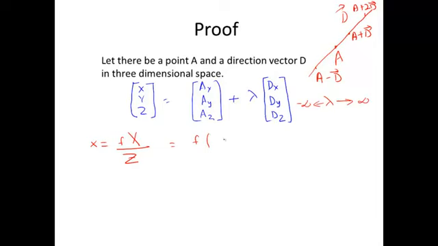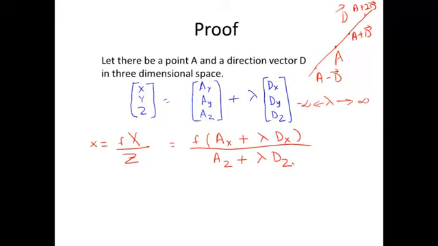It's going to be a sub x plus lambda d sub x, divided by what is the z coordinate? It's going to be a sub z plus lambda d sub z. Is that clear? Good.